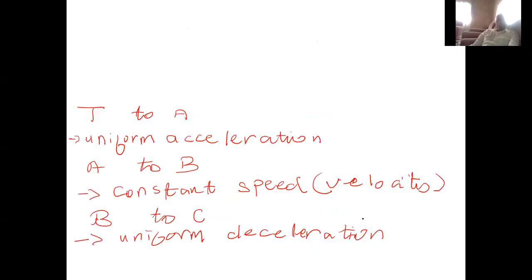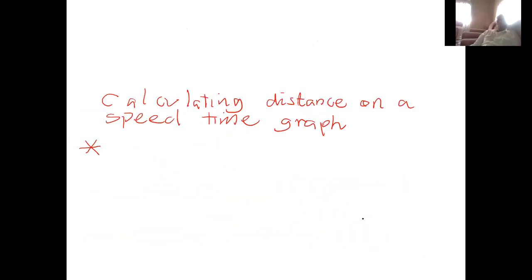So on a speed time graph, for you to calculate the distance, you need to find the area under the curve.